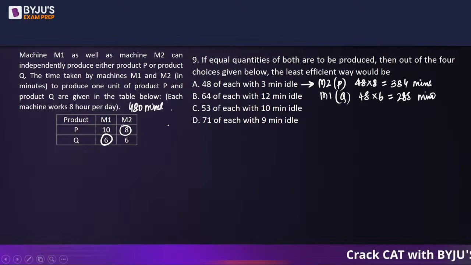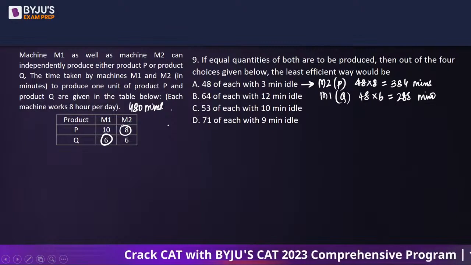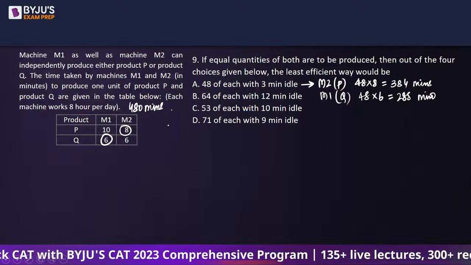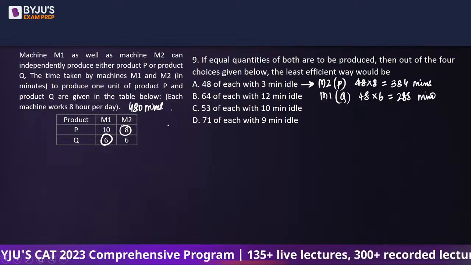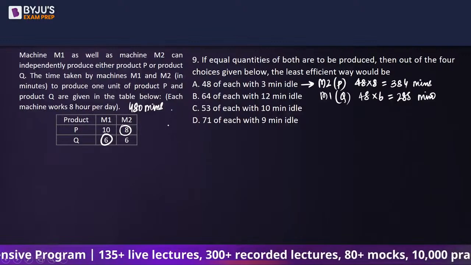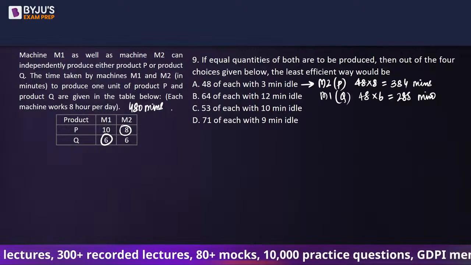So this is one way. So out of 480 minutes, 384 minutes is for machine 2 and 288 minutes is for machine 1. So there will be a lot of time where it's going to be idle, right? What if I interchange it? Since we need the least efficient way. So let's think about this once.